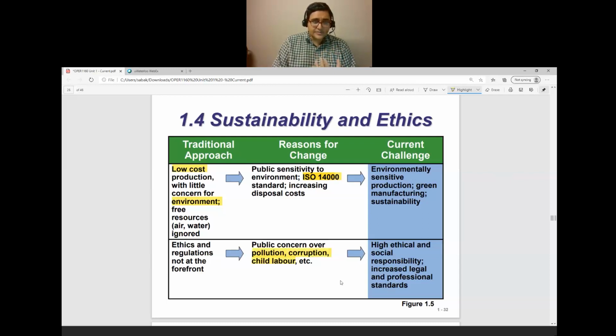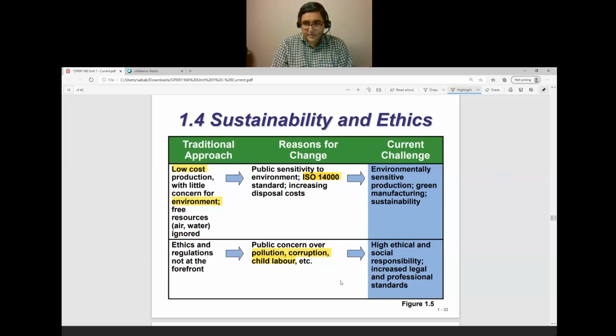So ethics typically refers to polluting the atmosphere or water, corruption, child labor. These things are definitely not accepted these days. So you need to have a highly ethical way of doing business, even though it can be slightly costly to do such a business.